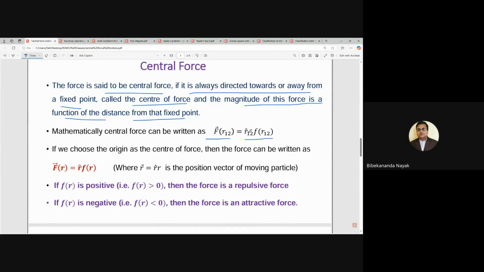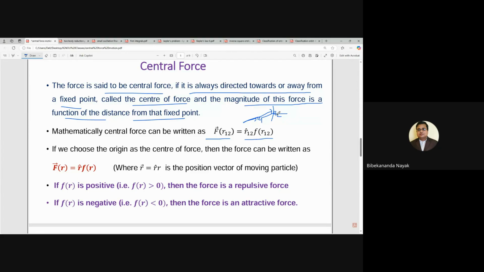Why I am writing r12 is that I am using the position vector of earth as r1 and the position vector of sun as r2, so the distance will be r2 minus r1. But in general, we assume the origin is at the center of force.